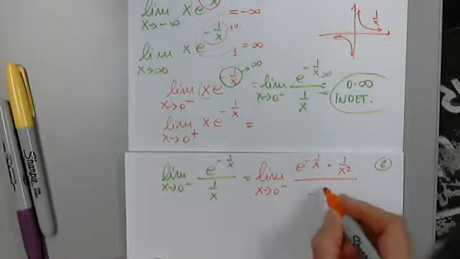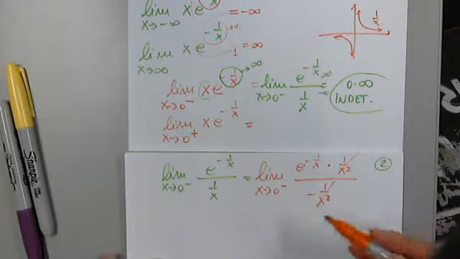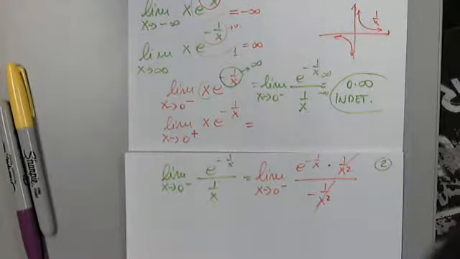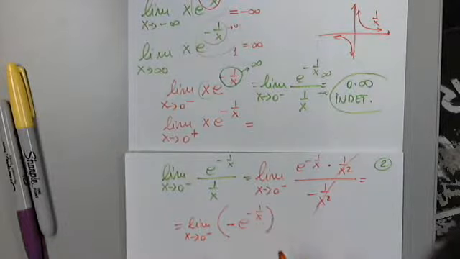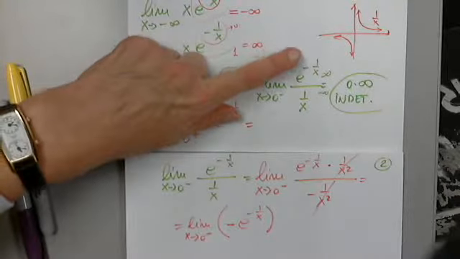And the denominator is negative 1 over x squared. I like this. I really do, because those two go away. So now I have the limit as x approaches 0 from the left of negative e to negative 1 over x. Again, I go back to the graph.